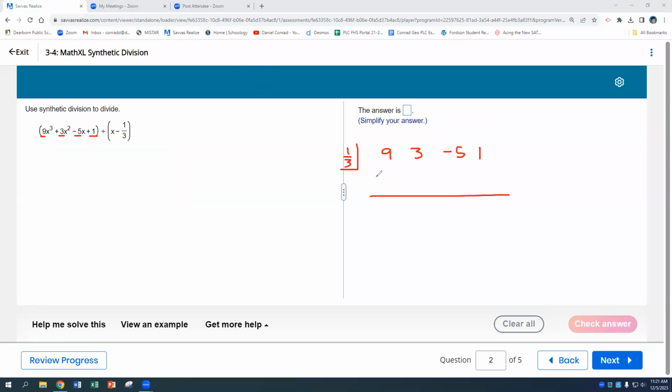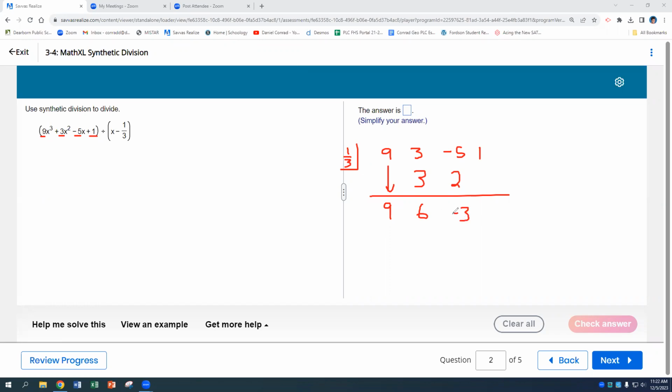Bring the 9 down. 9 times 1/3 is going to be 3. 3 plus 3 is going to give us 6. 1/3 times 6 is going to give me 2. Bring that down, that's going to be negative 3.